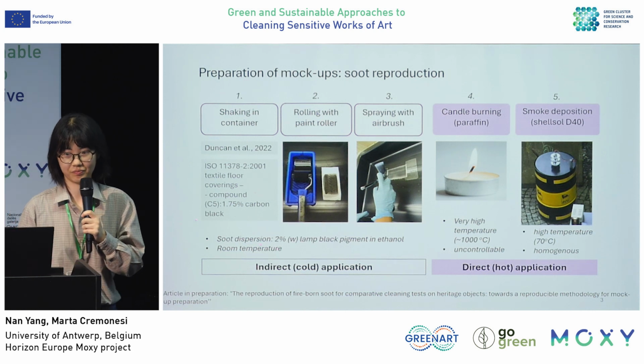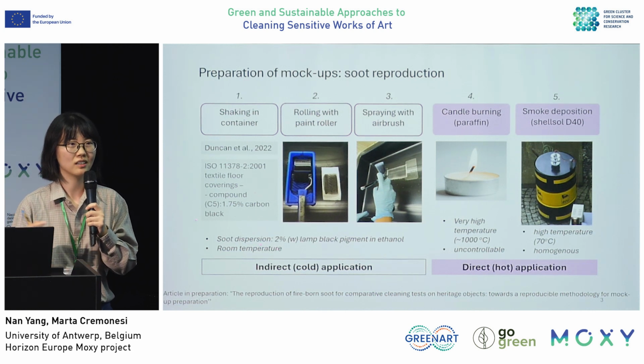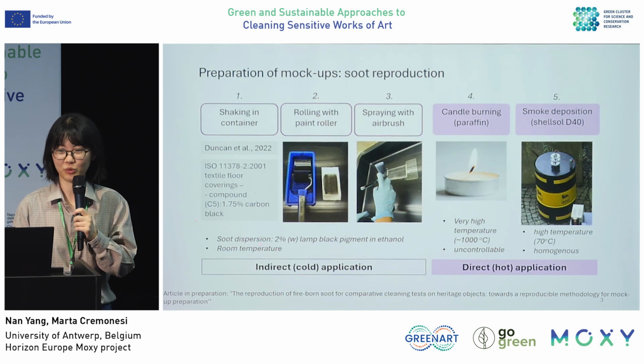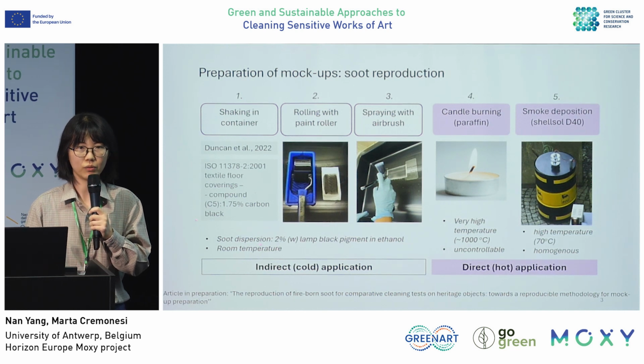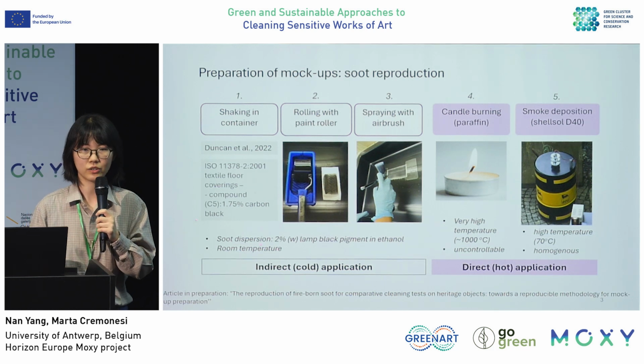So, as you can imagine, producing soot in a closed environment is not an easy task. We've been trying a lot of different reproduction methods. There are in total 5 methods. We summarized the first 3 methods, including shaking, rolling, and spraying.